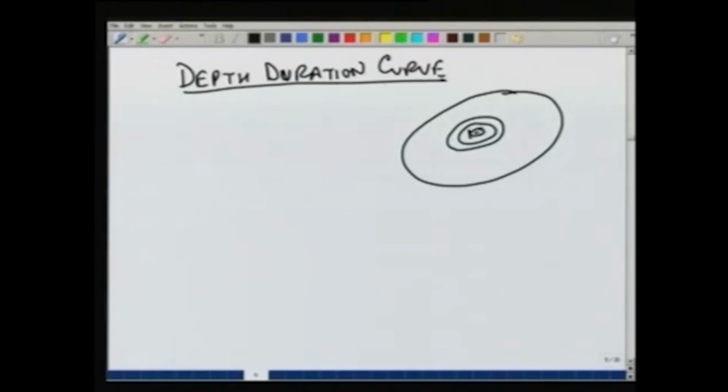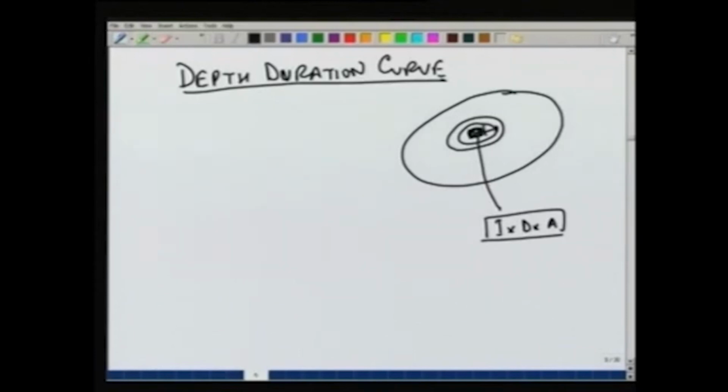So, near the center intensity will be very high and the depth of rainfall would be some high intensity into the duration into the area. Now, as we move away from the storm center, the area increases, but the intensity decreases.